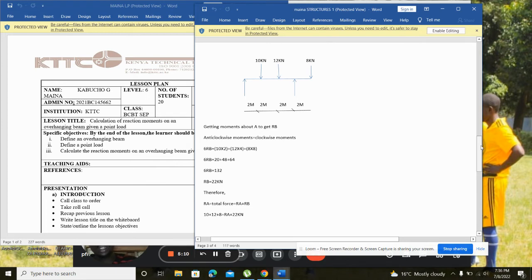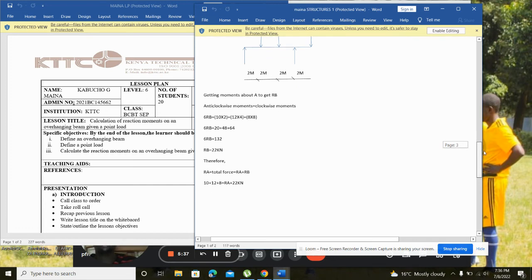When you take moments about A, you calculate all the distances up to point B, and the calculation below tells us all. When you follow that procedure, you will get the knowledge of how to get the reaction at A and at B.